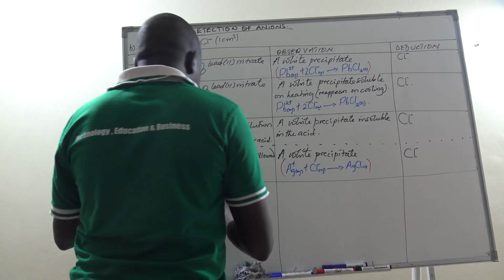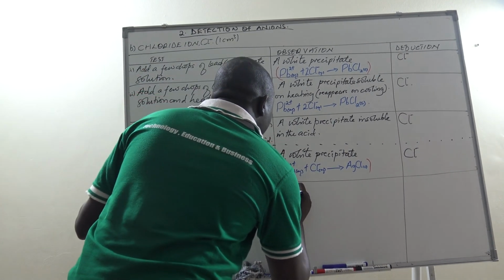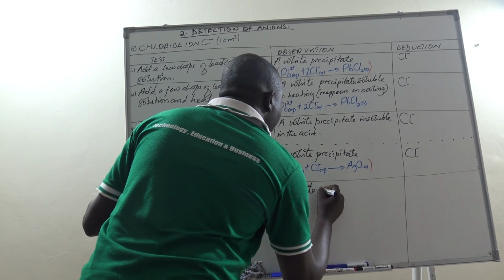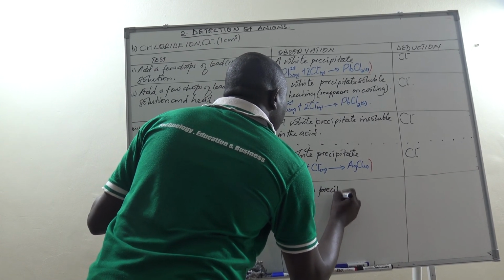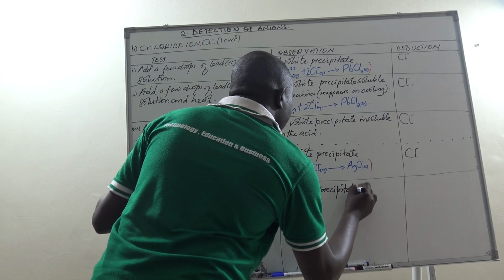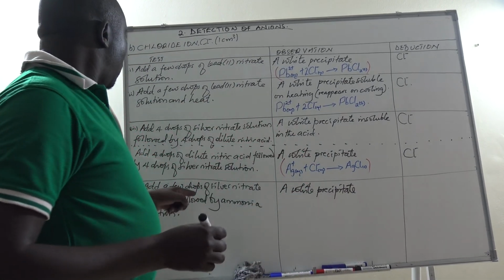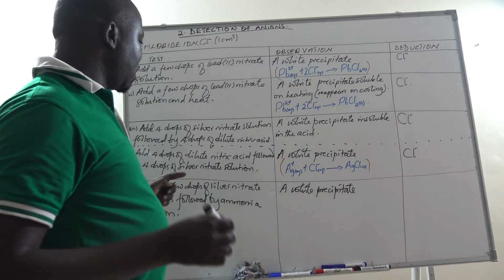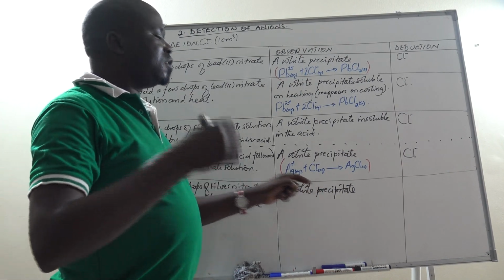In this case, when we add silver nitrate solution, we shall get a white precipitate. And then on adding ammonia solution, this white precipitate will dissolve.